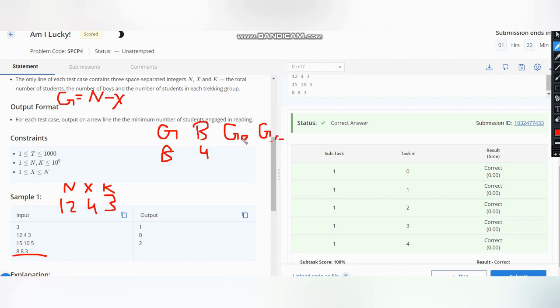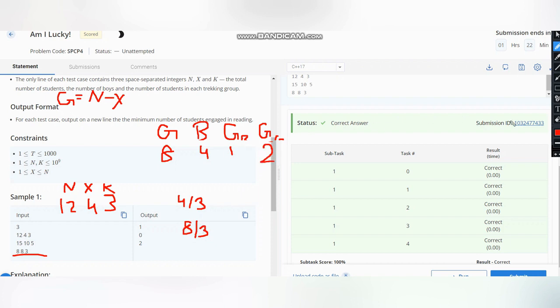Now to calculate the groups of boys, we divide 4 by 3, integer division or floor division. So 4 divided by 3 is 1, groups of boys 1. Now for groups of girls, similarly 8 divided by 3, which is 2.